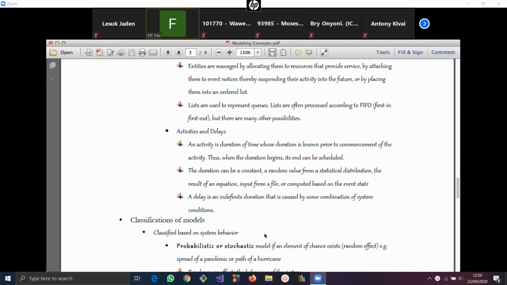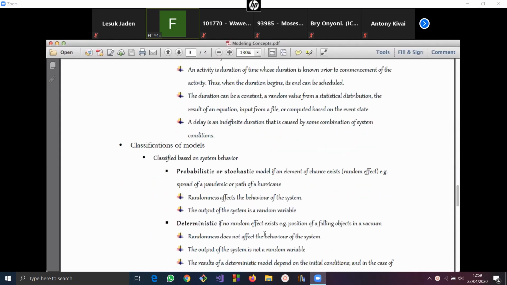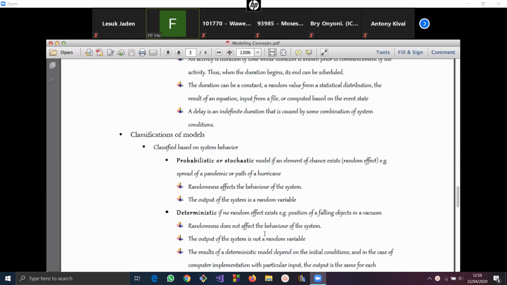Now, the last discussion point here is what we call classification of models. Models are classified broadly into two. Of course, there are many others, as you can see, but broadly into two. The broad definition is what we call probabilistic or stochastic.